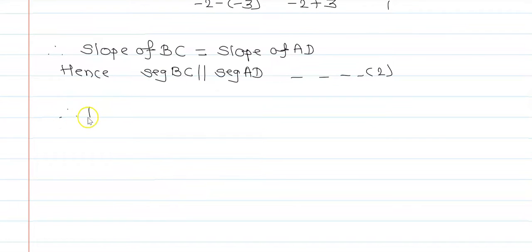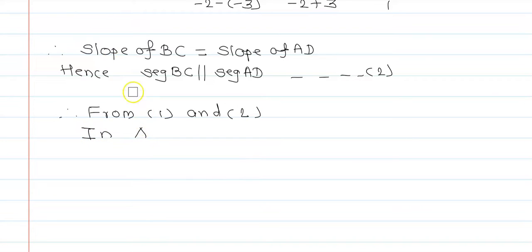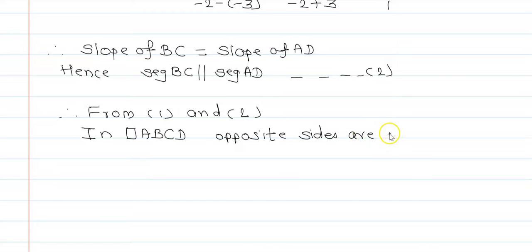Therefore, from 1 and 2, in quadrilateral ABCD, opposite sides are parallel.